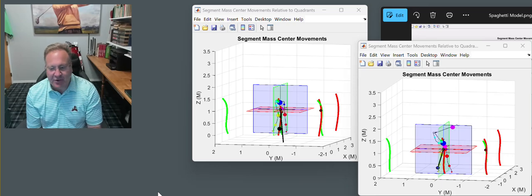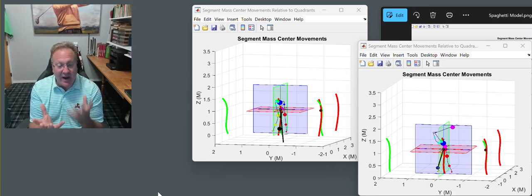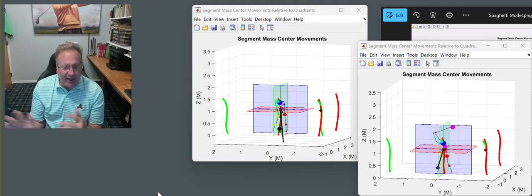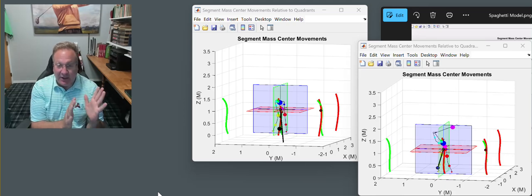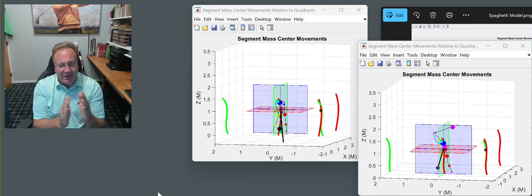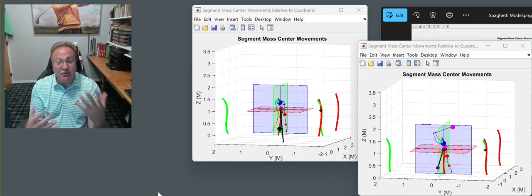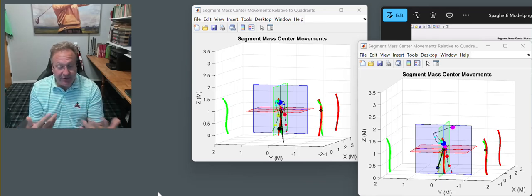Now, when we start to look at how these body segments interact with each other, there are several different types of analyses that we can do. And I tasked Dr. Nesbitt for the past 2 years while I've been teaching a lot to create as many programs as he could so that going into this winter, which is a big research winter for us, I can analyze more segmental interaction between the different parts of the body.